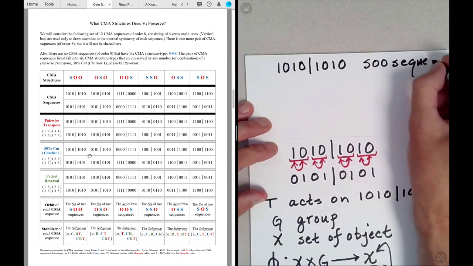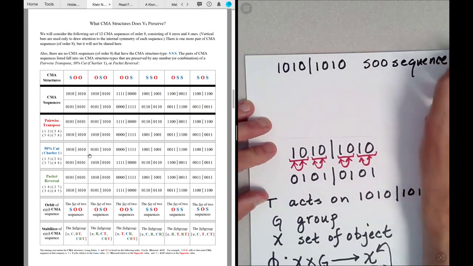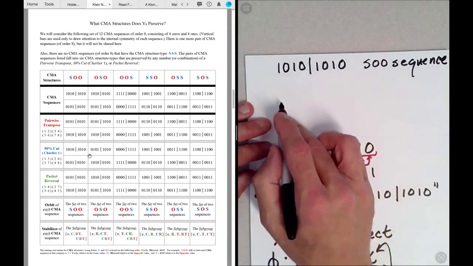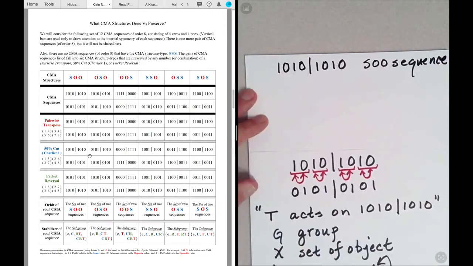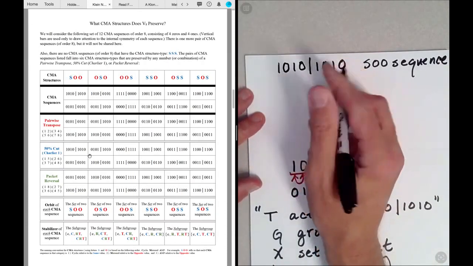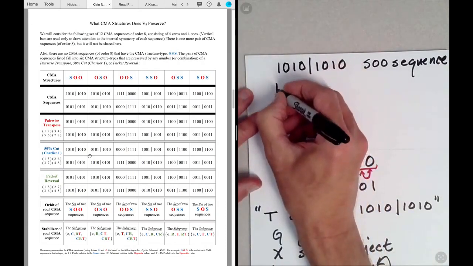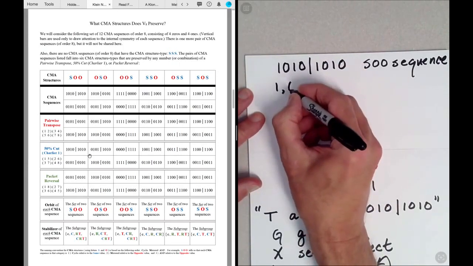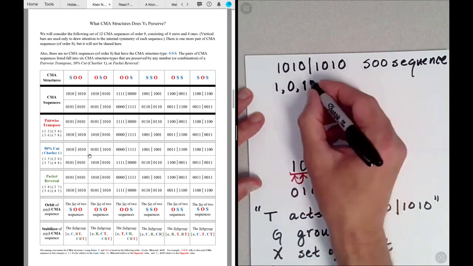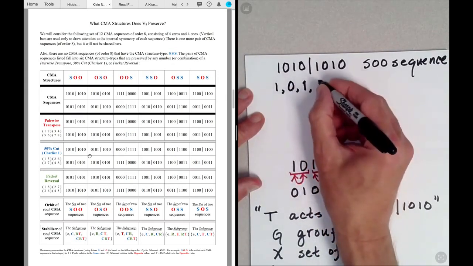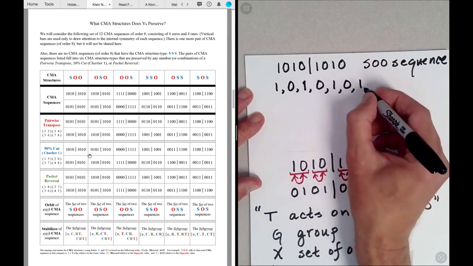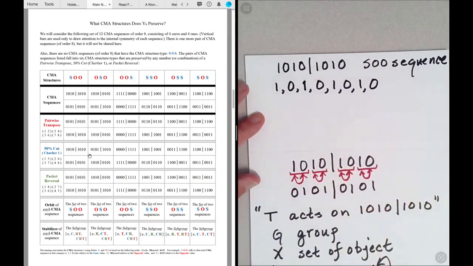So an abbreviated way of saying that is just to say that this is an SOO sequence. Okay, well, technically, we write sequences with commas. We offset the entries by commas. That's normally how we write sequences.